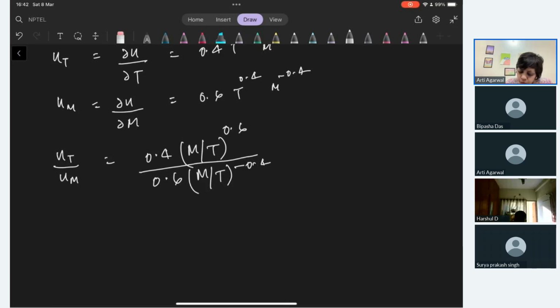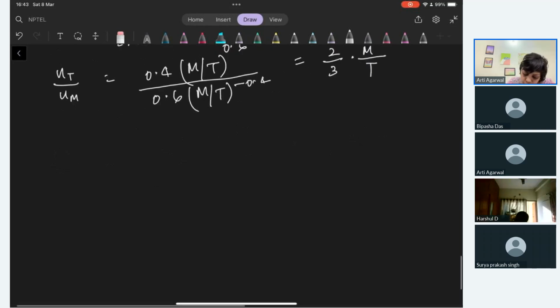So 0.4 by 0.6 becomes 2 by 3, and m by t to the power of 0.6 plus 0.4 becomes just m by t to the power of 1. So this becomes m by 3t... we rewrite this expression as 2m by 3t is equal to pt by pm.